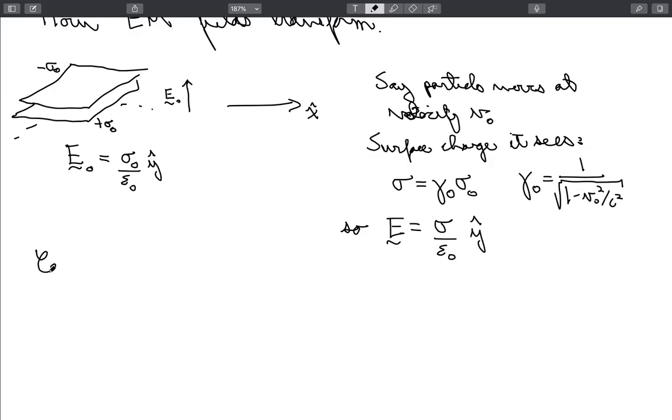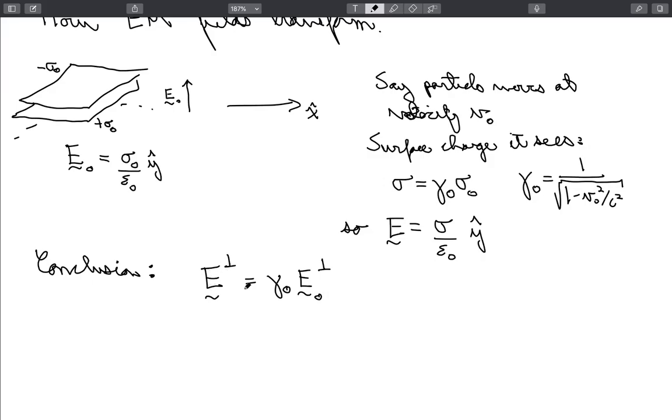So the conclusion is that the electric field perpendicular to the motion of the test particle that we have is simply corrected by a factor gamma 0 as compared to the one in what we can call the lab frame. Okay? So the original frame in which we measured the surface density sigma 0. So that's the first part.